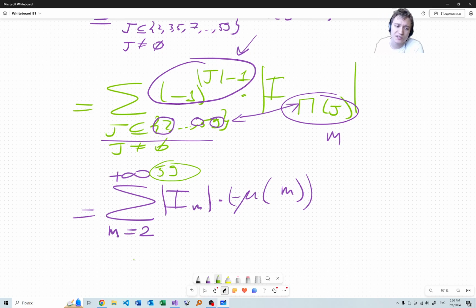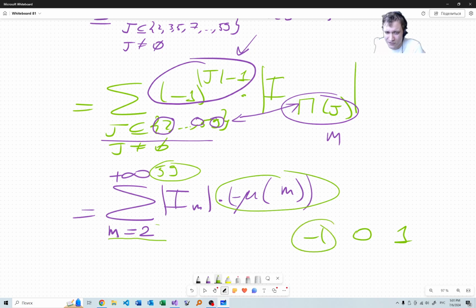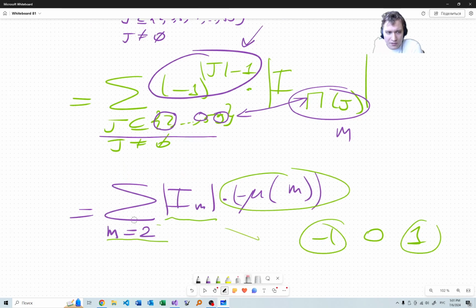So now the problem is: iterate m from 2 to 59. For each of them, calculate the Möbius function, which is minus 1, 0, or 1. And if it is not 0, so it is minus 1 or 1, then you also want to calculate Im and add it to the answer. So this is the problem. There is no infinite sum anymore. We just stop at 59.